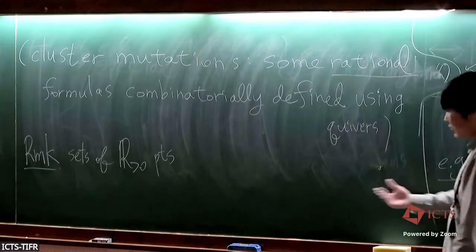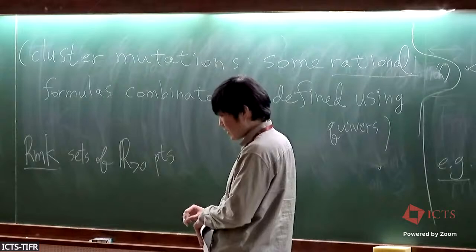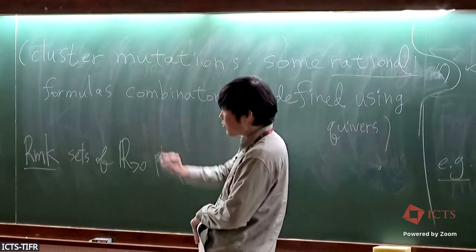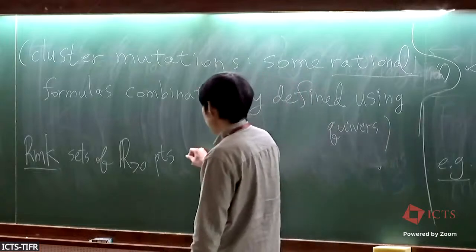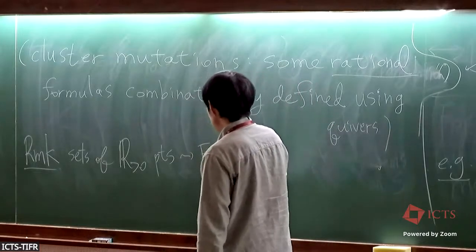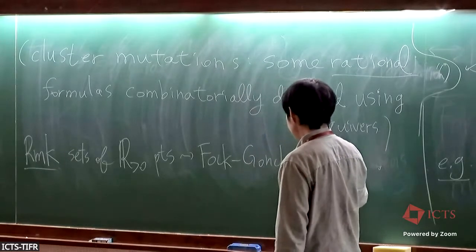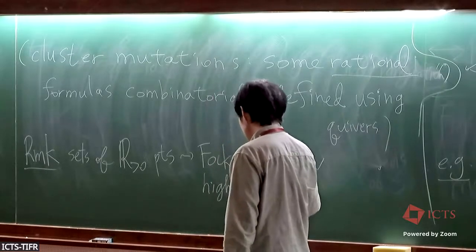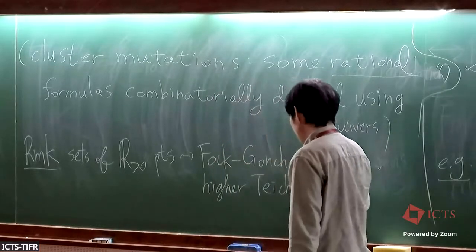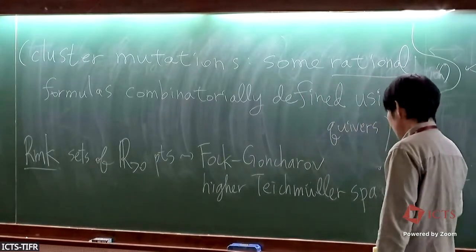But if you evaluate at real, and then take all the points whose special coordinate values are positive real, you get some sets. And these are the Fock-Goncharov version of higher Teichmüller space. I won't be using these today, but just as a remark.